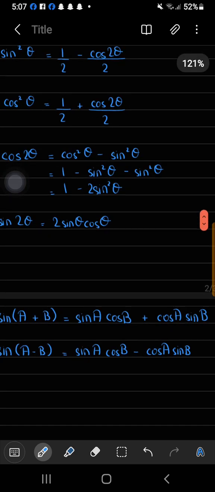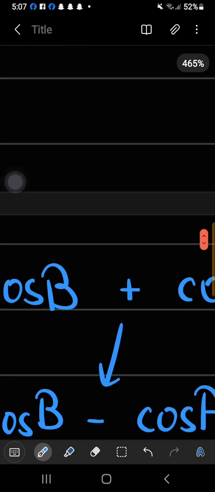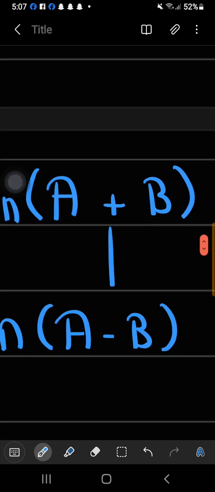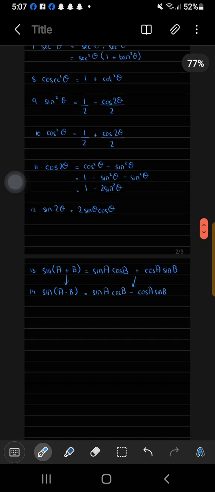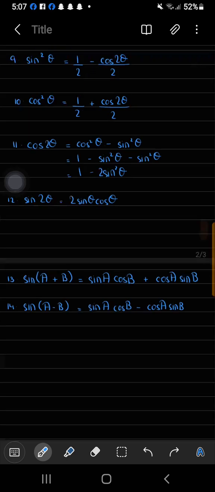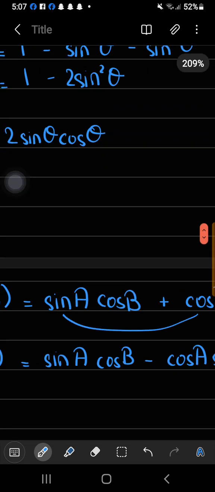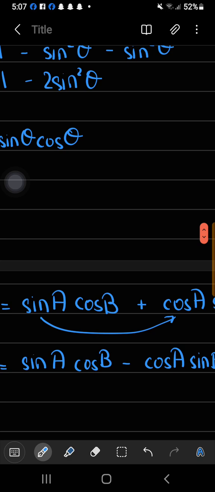So nothing changed, only the sign changes. Okay, so this is simple. Sine a plus b is equal to sine a cos b plus cos a sin b. We just switch this here, sine to cos and cos to sine.